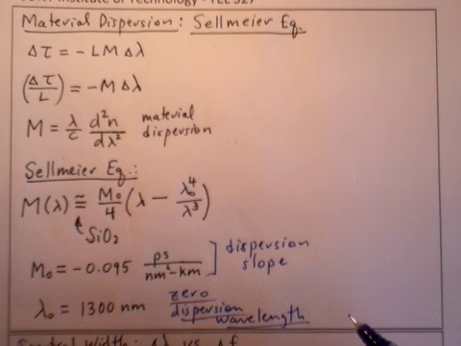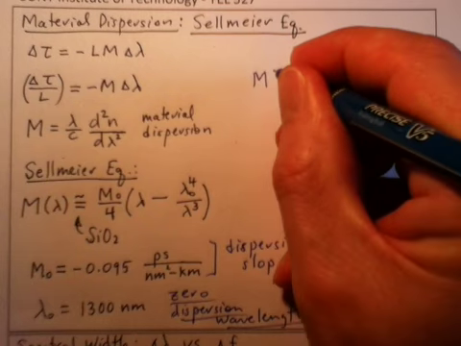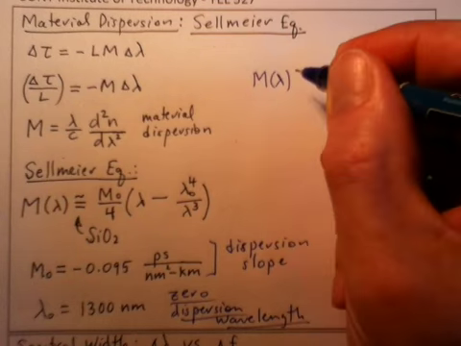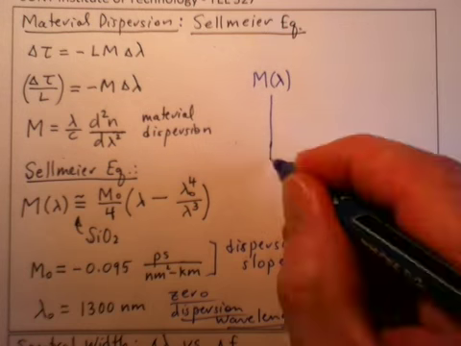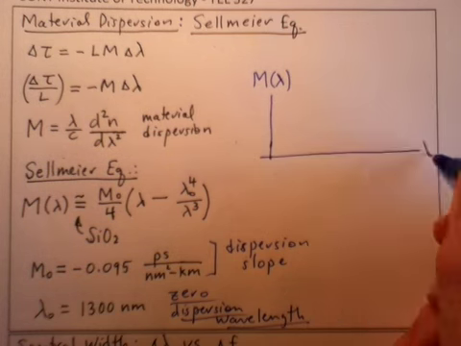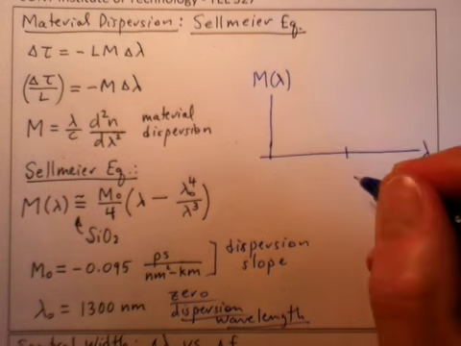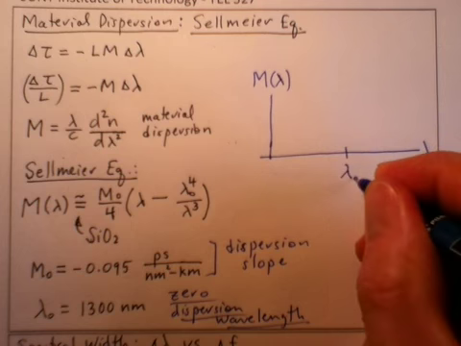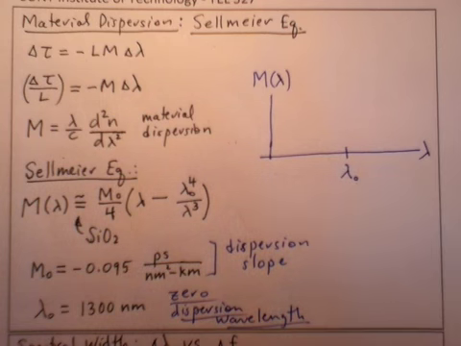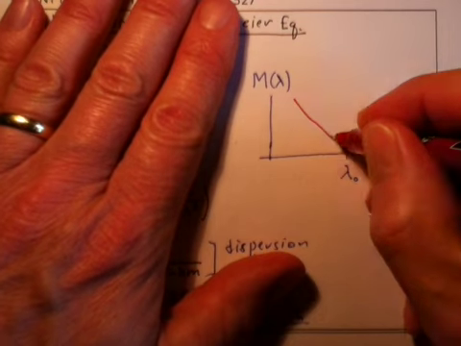And now we can look at what this plot looks like. This is the dispersion of the fiber. It does depend on wavelength, and there is a zero dispersion wavelength, and the curve looks something like this. I believe it's concave upwards.